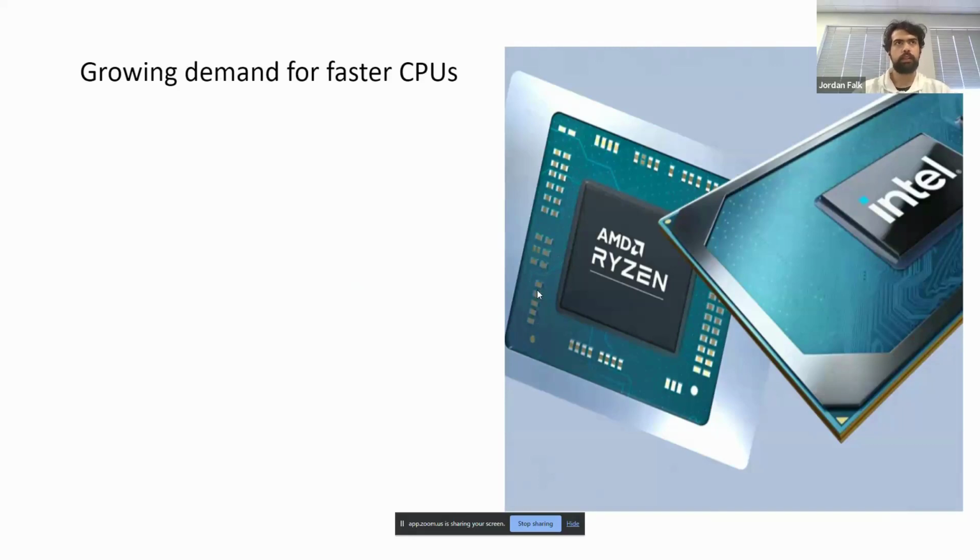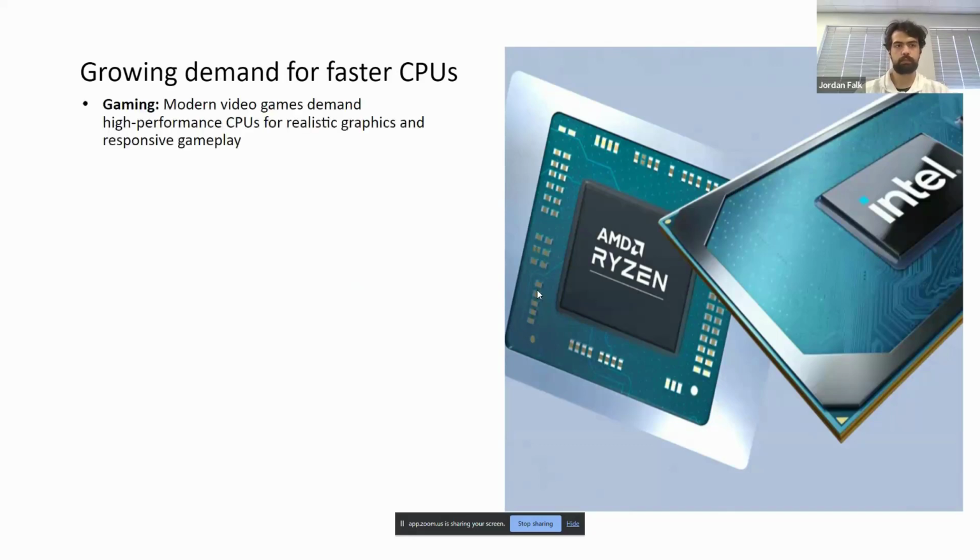So the rate at which technology grows is exponential, as we know in our industry. And thus, there's an exponential demand for faster CPUs as well. For example, in gaming, most modern video games demand higher performance CPUs for realistic graphics and responsive gameplay.